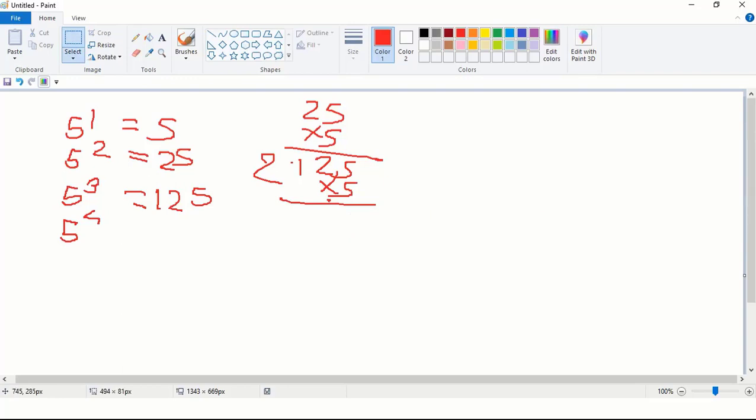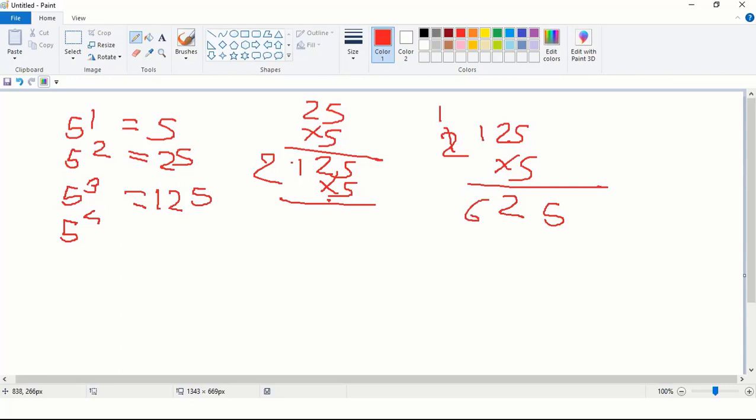So here 125 into 5 we need to calculate. 5 into 5 is 25, 5 into 2, 10, 10 plus 2, 12, 5 into 1, 5, 5 plus 1, 6, so 625. So if we observe this last digit, let me change the color.